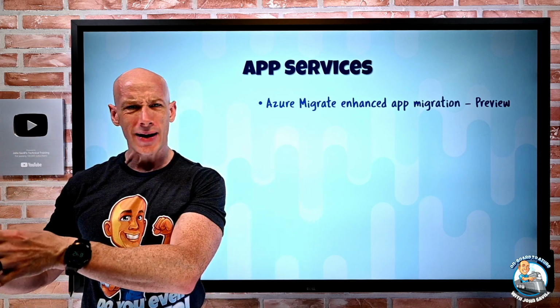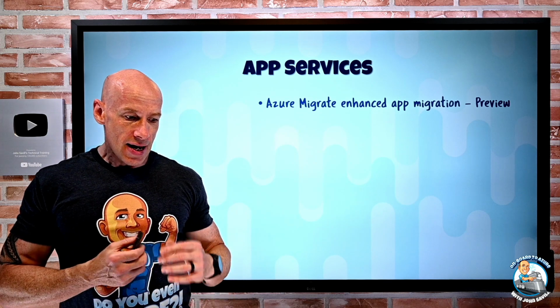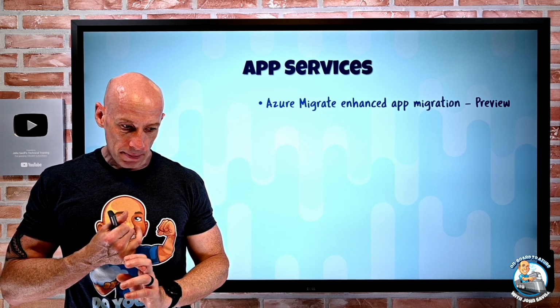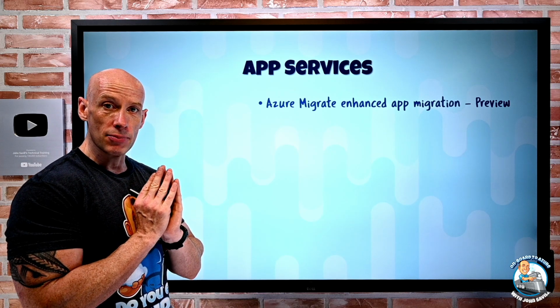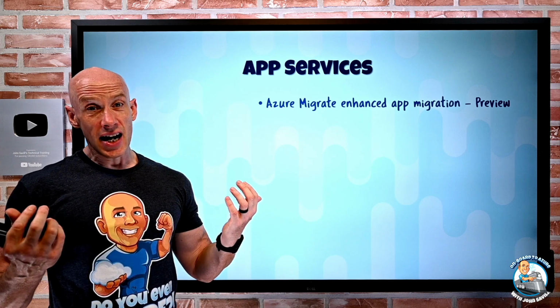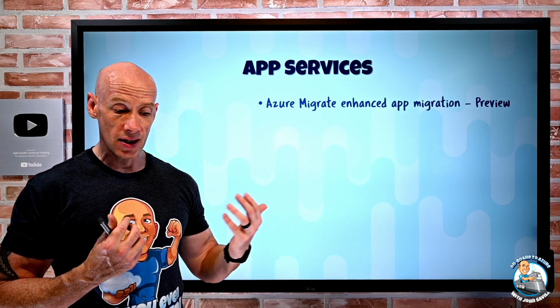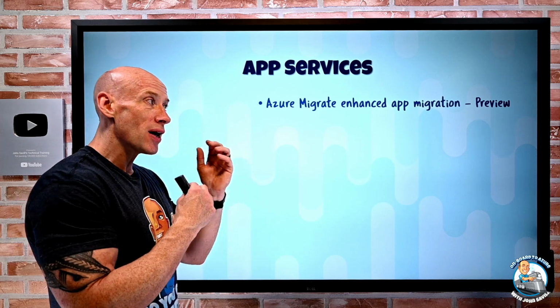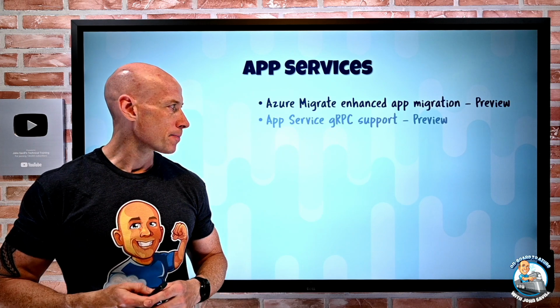If I have an ASP.NET app, that's a fantastic target to just run on App Service. It can discover Java Tomcat applications, and it can help me migrate that to Azure App Service Linux or AKS. It can also containerize ASP.NET web apps and move them to Windows containers on App Service or AKS. So a whole bunch of different options depending on what my application is today.